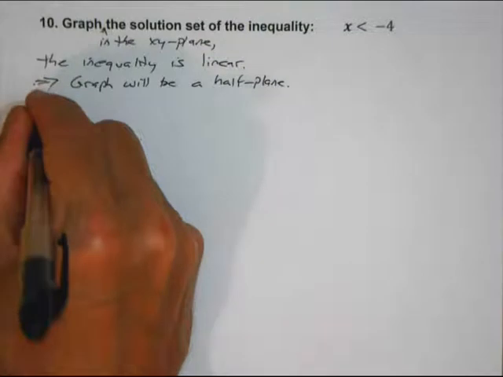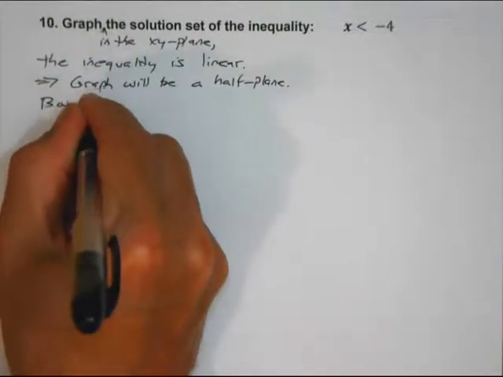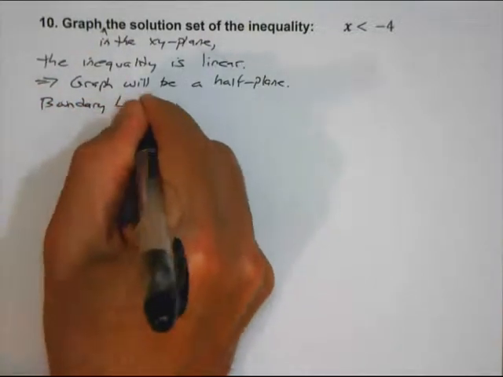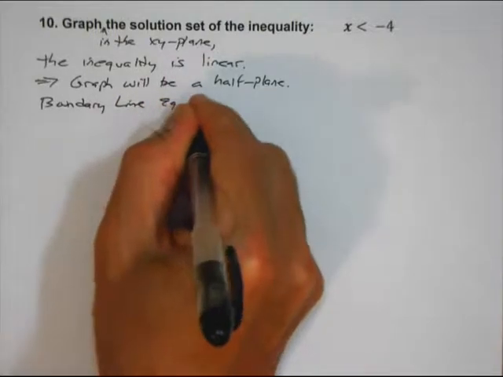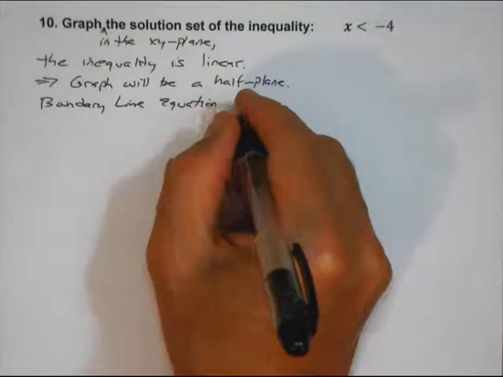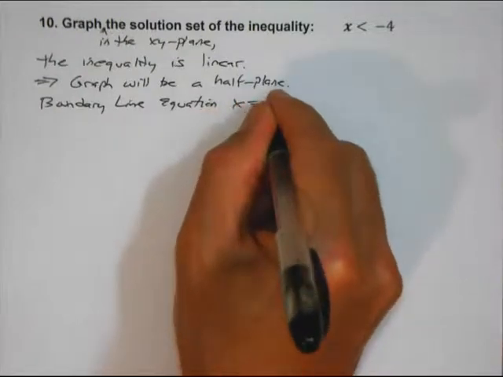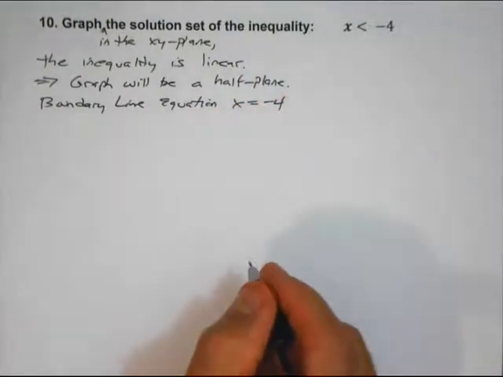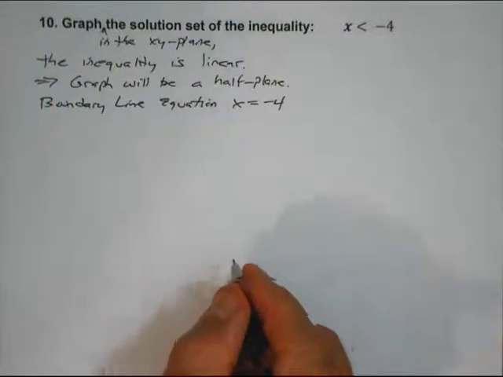We'll need the boundary line equation obtained by just taking the inequality sign and making it an equals to. Here, x equals -4. Okay, that's a vertical line. We can sketch that.